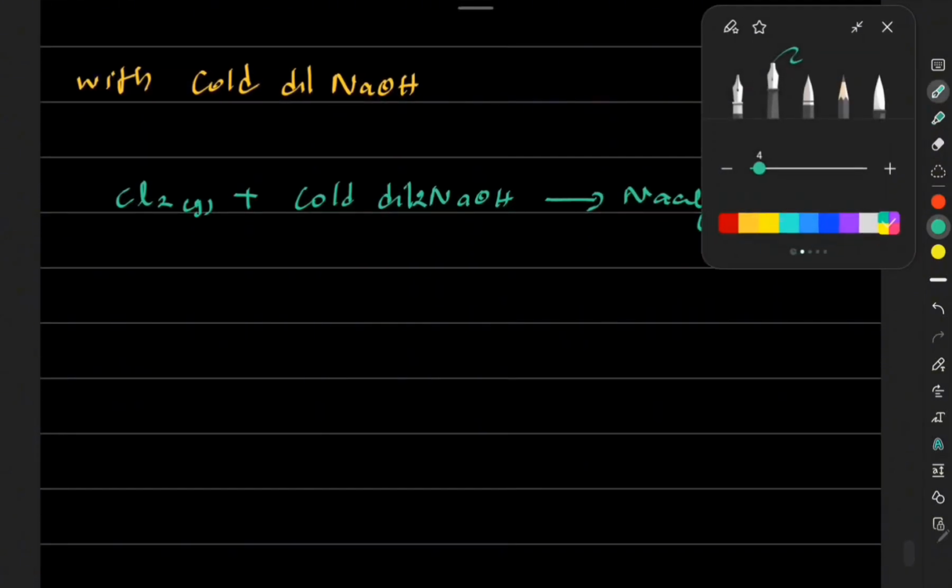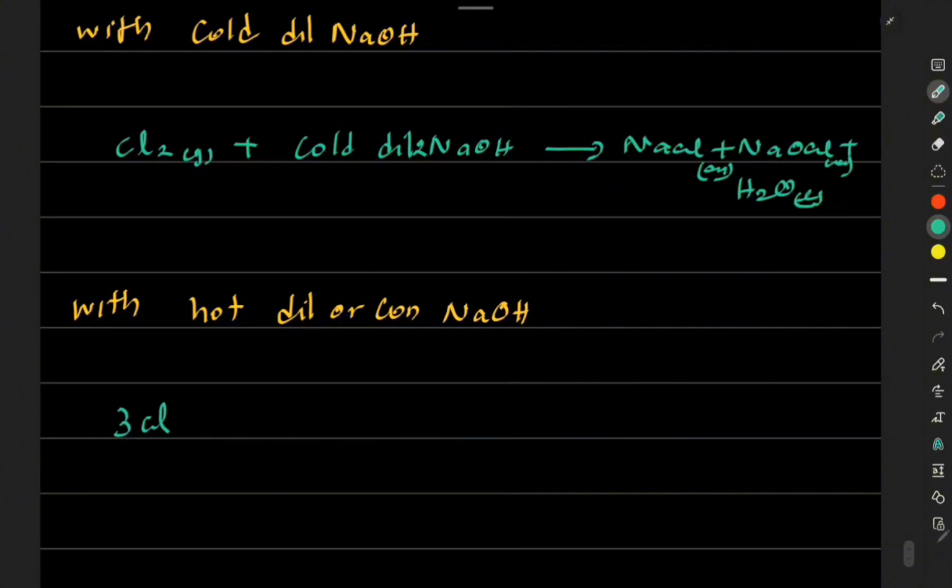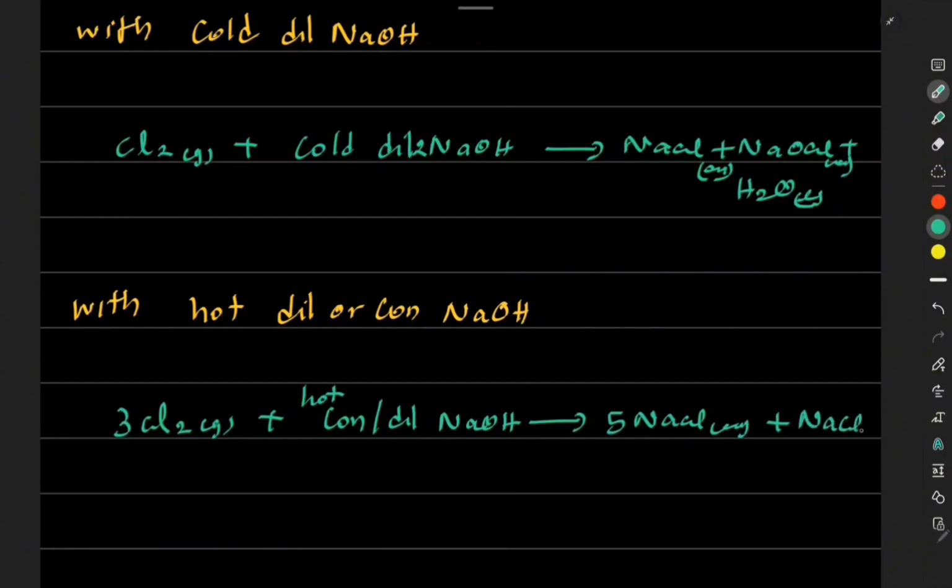And now let's look at the reaction with hot diluted or concentrated sodium hydroxide. 3Cl2 gas plus hot concentrated or hot diluted NaOH, they form 5NaCl aqueous plus NaClO3 aqueous plus 3H2O liquid.